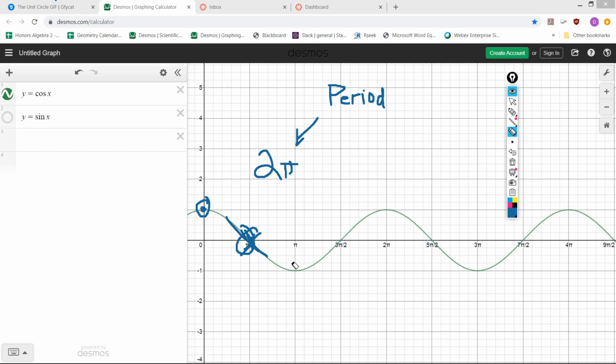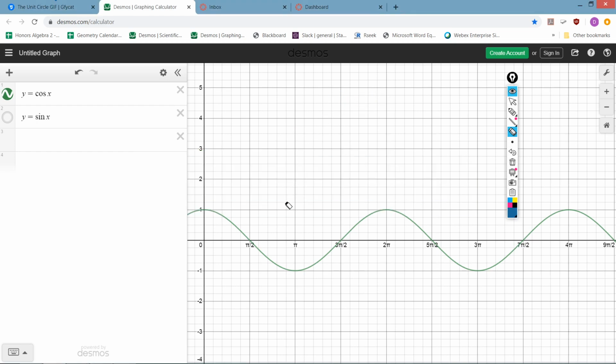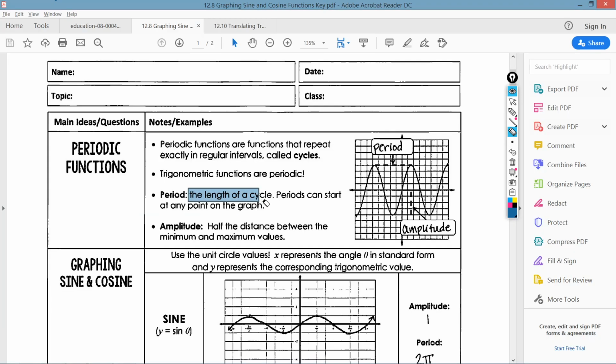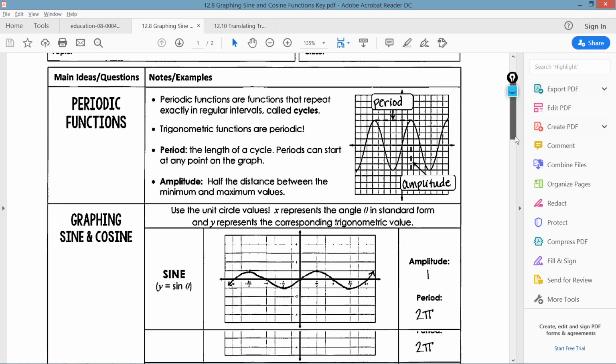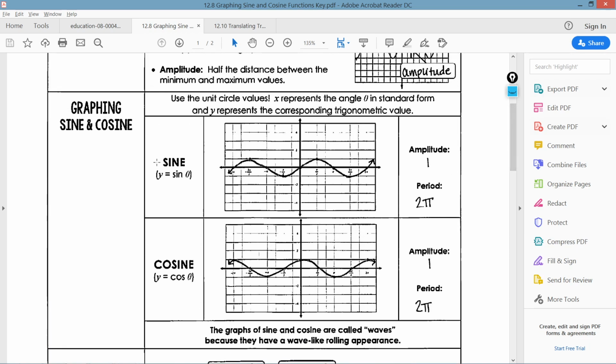Either way is fine. So both sine and cosine, there we go. So for period, notice here's sine, and here's the graph, has a period of 2 pi. Cosine has a period of 2 pi.